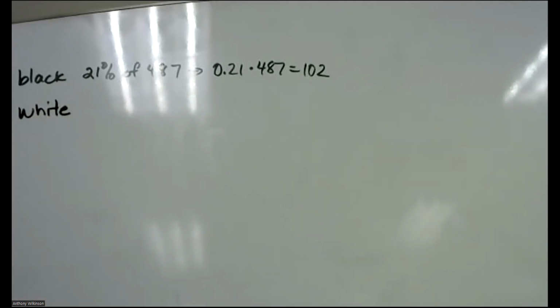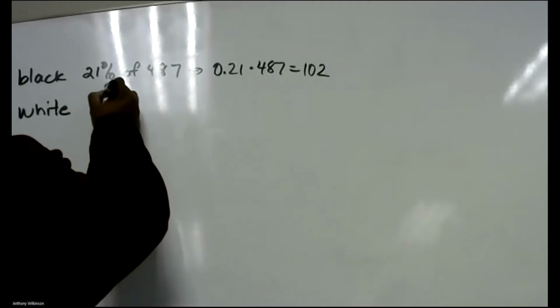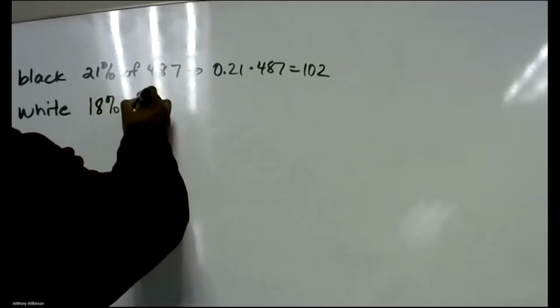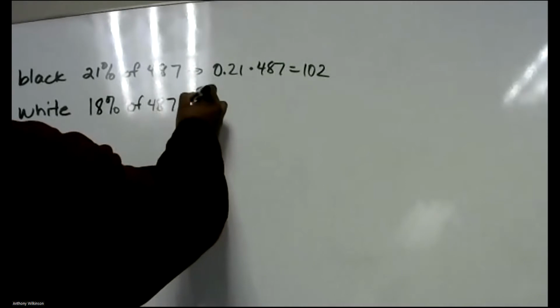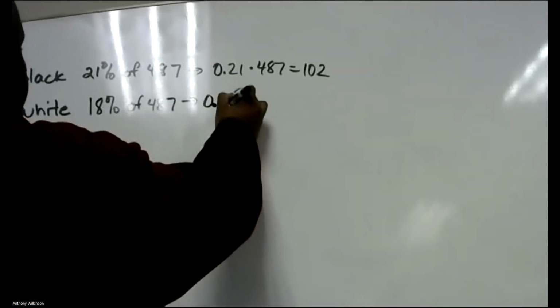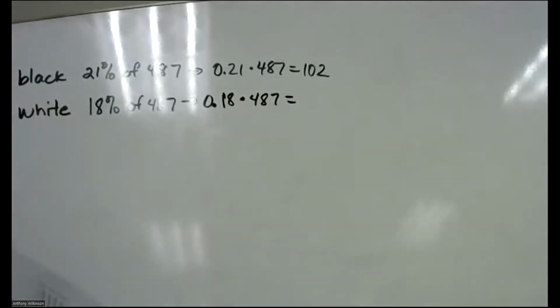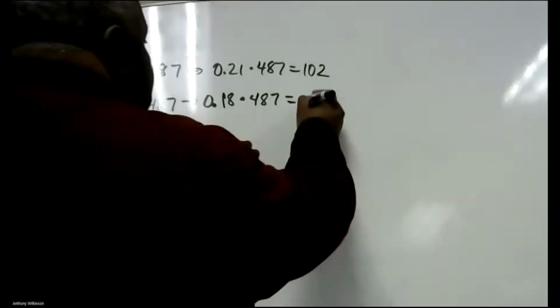All right, we're told that 18% of the uniforms have a dominant color of white. So this is 18% of 487, or 0.18 times 487. It'd be 88.